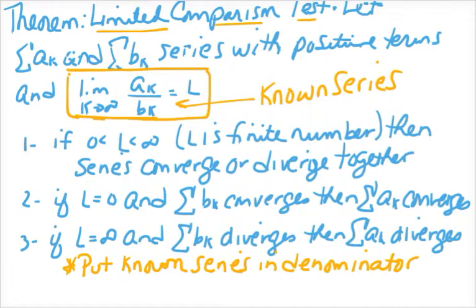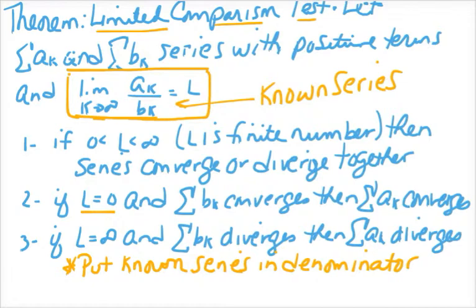So in other words, if the known series converges and that limit is a finite number, then your AK is going to converge. If your series of BKs diverges, and the limit is a finite number, then they're going to diverge together.